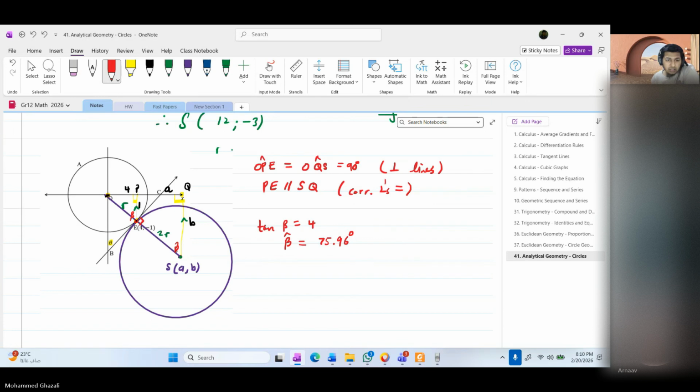Try to find A and B. How are we going to find A and B? We've got this angle here, opposite over hypotenuse, opposite over hypotenuse. Can we do that?